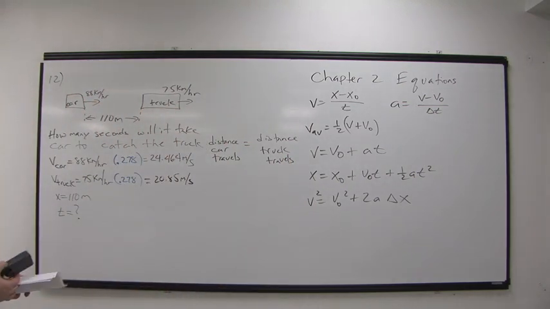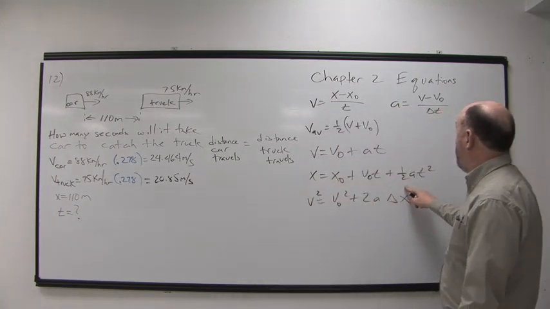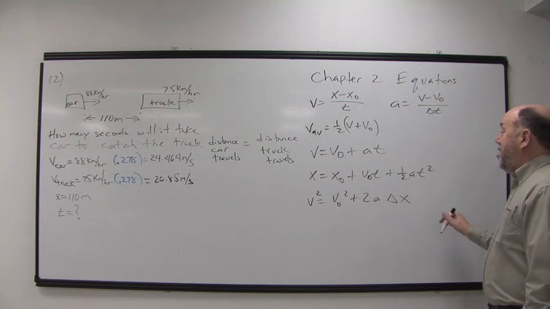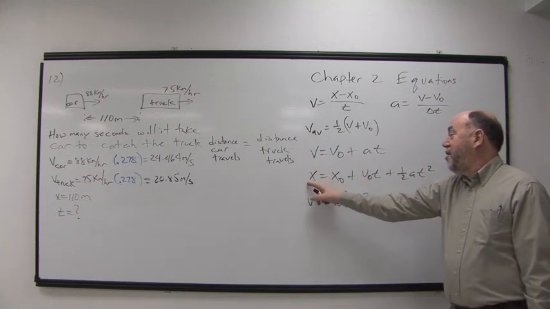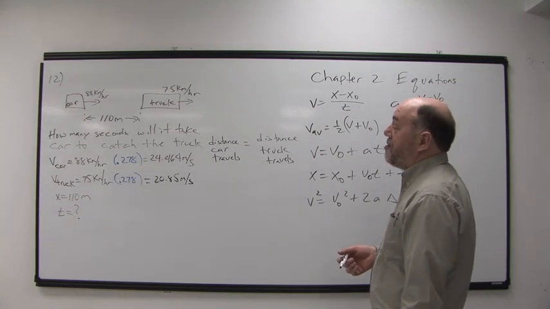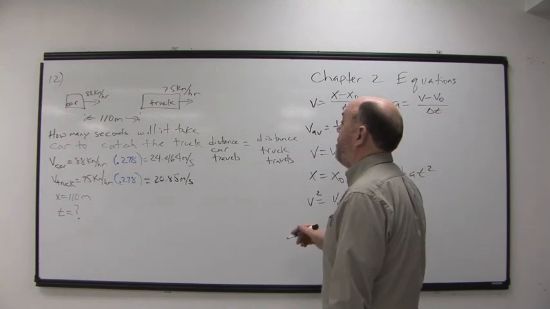In this particular problem there is no acceleration, so in the equation this term goes away because a is 0, and so we're going to look at this equation. The distance that the car travels is given by its velocity times the time.